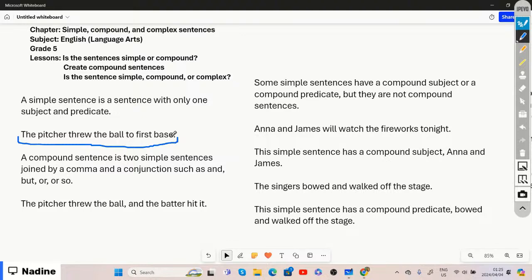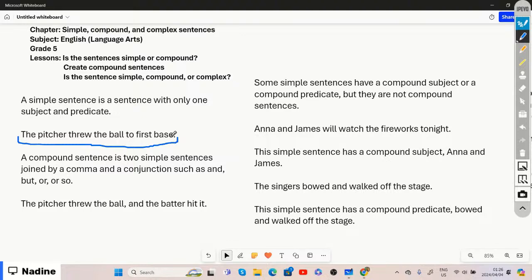And when we talk about an independent clause, it is a part of a sentence, or a sentence, that can stand alone. It can stand alone as a sentence, while the dependent clause cannot stand alone as a sentence.